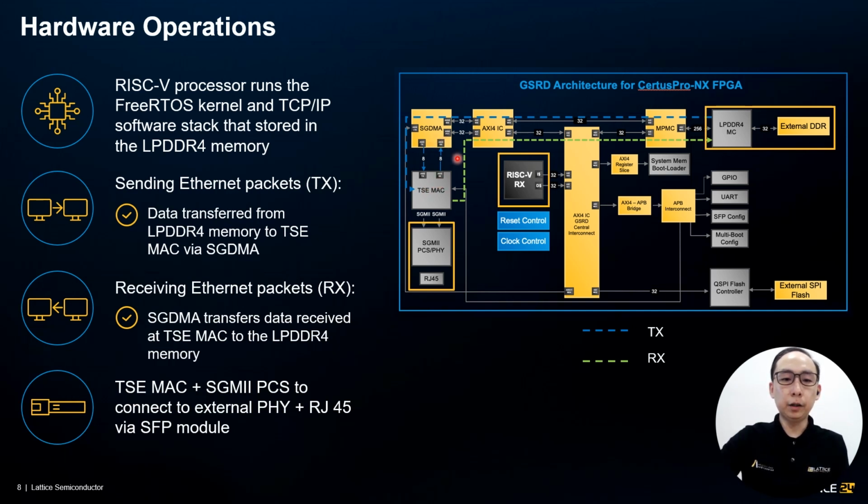And for receiving Ethernet packets, the DMA transfers data received on the MAC to the LPDDR4 memory. For connecting to the Ethernet cable, the Lattice Certus-Pro Versa board offers SFP connectivity. An SFP module with the external PHY and RJ45 connector is required.